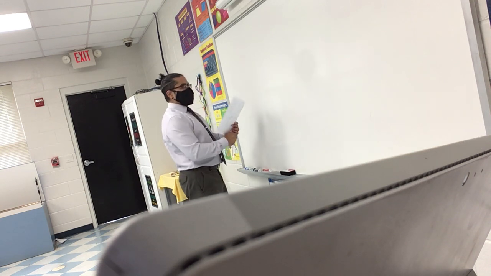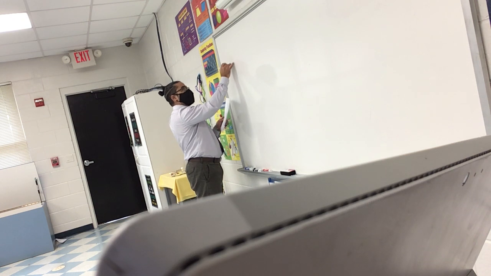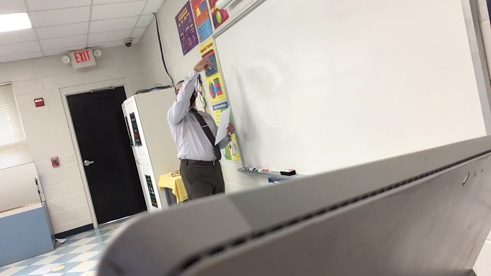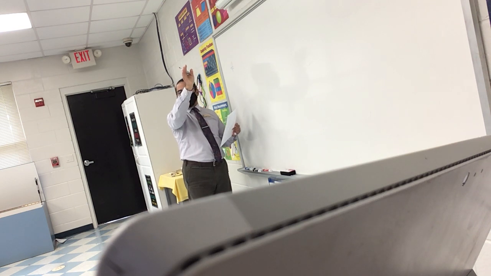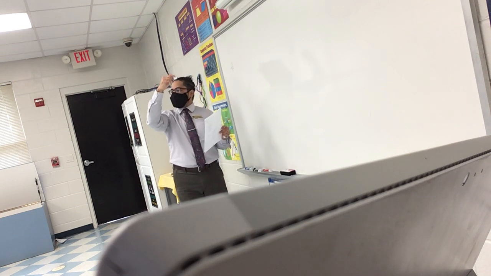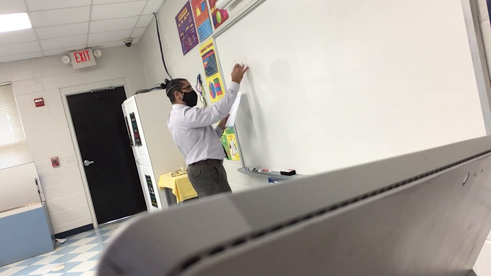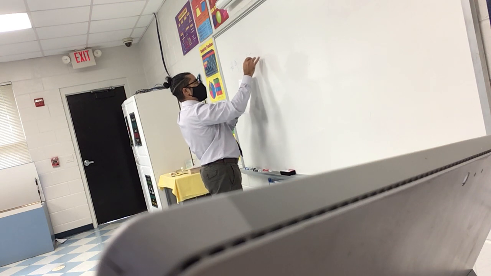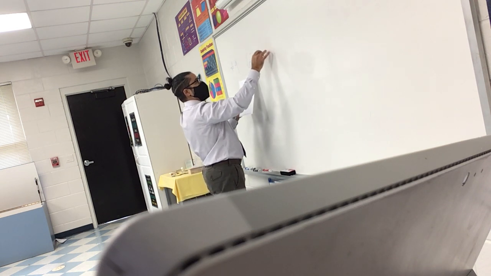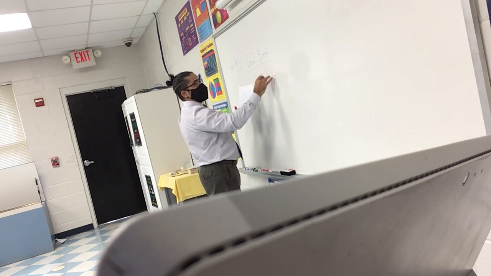Okay, so number 9 is actually the reverse of number 8. For number 8, we have to multiply to find our answer. For number 9, we have to divide. We had 62.3 miles hiked in 3.5 hours.